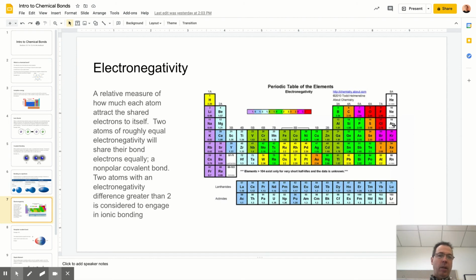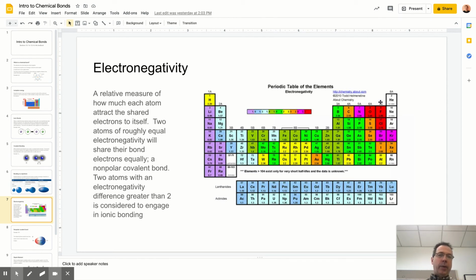But in general, these guys on the far right have complete outer valence shells. And so when they bounce around, they don't participate in chemical reactions very much because they don't tend to give or receive. And so you don't really count them for electronegativity, the white squares here. But in general, over here, the guys that are just missing one have a high electronegativity because they really have a high affinity to hog the electron.